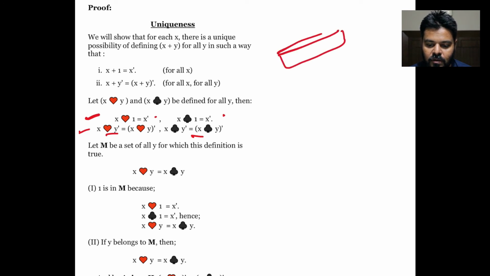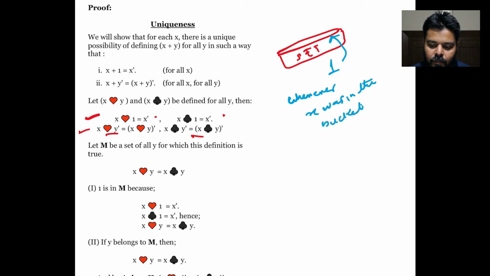Well, actually we assumed that there was a set. Set was just a bucket for us. We did not formally state what a set was. A part of the proof is to assume that this is a bucket, and we had to show that 1 is in the set, 1 is in the bucket, and whenever x was in the bucket, so was the successor of x.